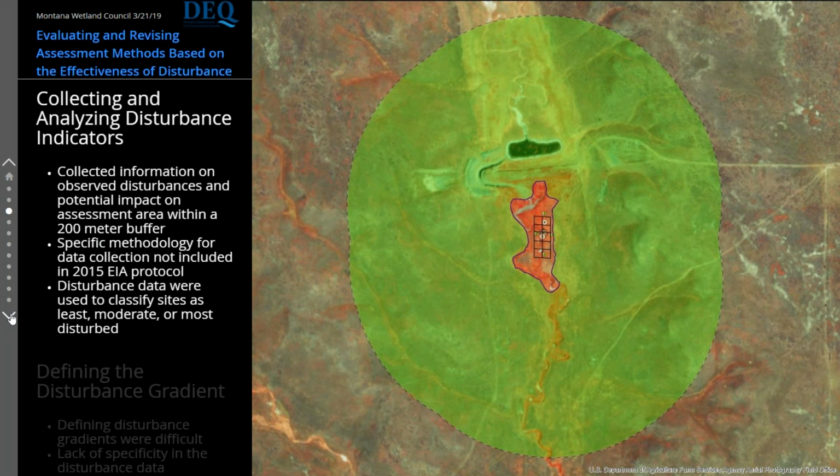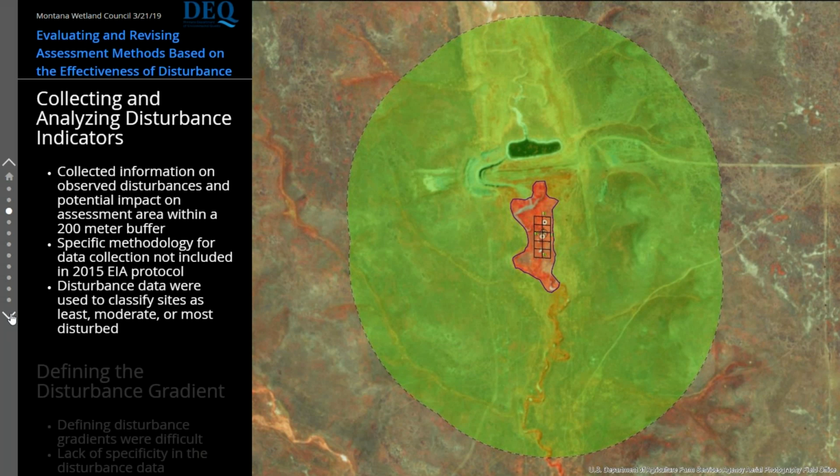What is the percent of the analysis area and the buffer where a disturbance is observed, and what is the potential impact of that disturbance on the ecological integrity? So is it likely to modify, degrade, or destroy the functions and condition of this analysis area?